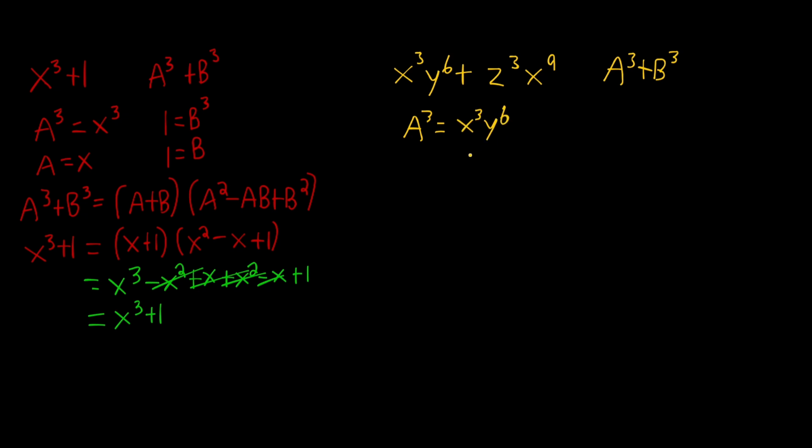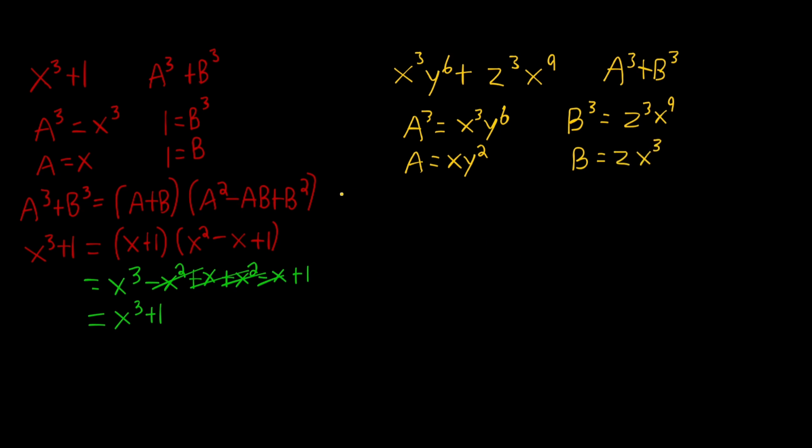And we still take the cube root of both sides, right? So that gives me a is equal to x y squared. For cube rooting, if ever you're lost, remember that you can pretty much just take the exponent up top and divide it by 3, and that's going to give you the results. Now for b cubed is equal to z cubed x to the power of 9. We take the cube root of both sides, which gives me that b is equal to z times x cubed.